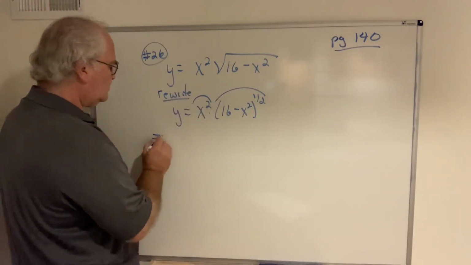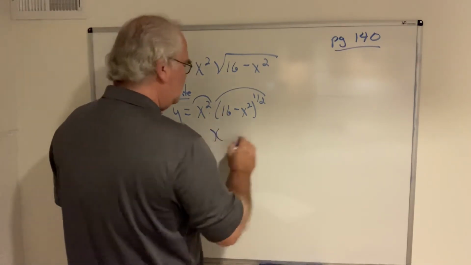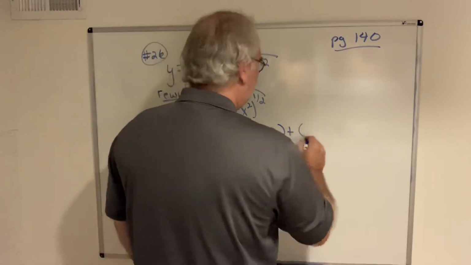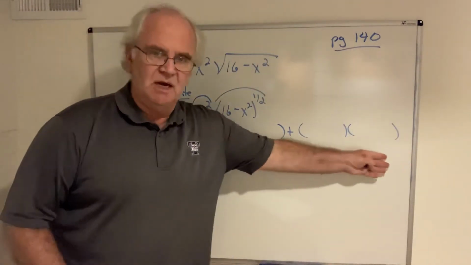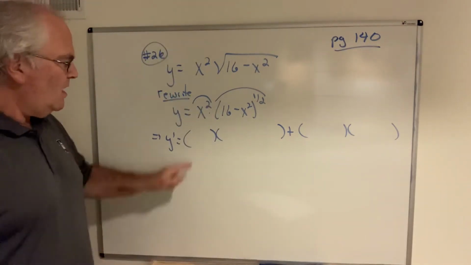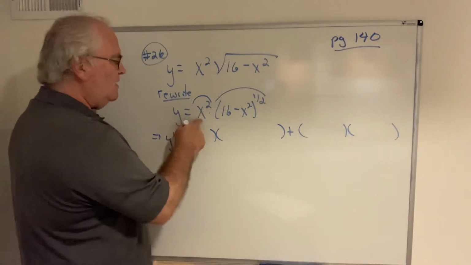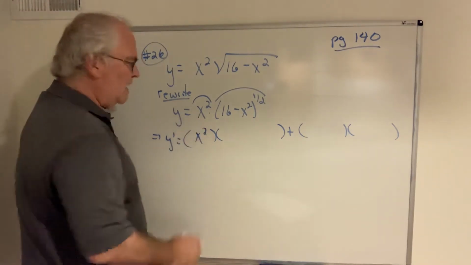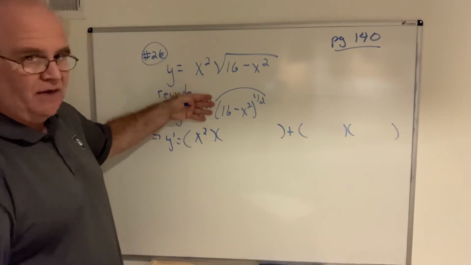So, the derivative is, and here's where it's nice, first times derivative of the second plus second times the derivative of the first. Just kind of line your parentheses up so you know where you're going. First, copy paste. Remember, product rule requires copy paste. First times, now take the derivative of that as if it were the only thing written on the board.